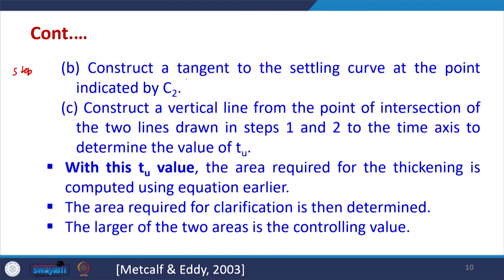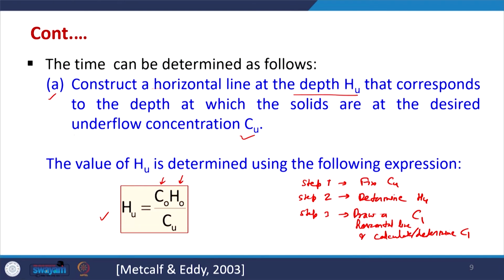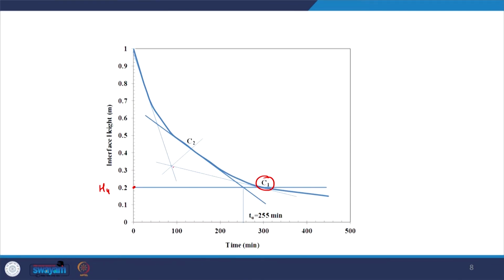So, we construct a tangent to the settling curve at the point indicated. So, what we do is that we draw a line here, then we draw a line at the initial condition, and whatever angle is getting formed, we bisect this angle, and this is how we determine the C2 value.